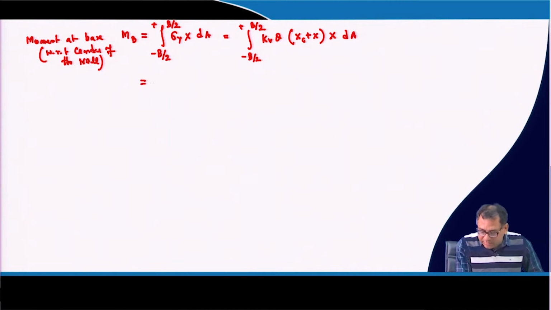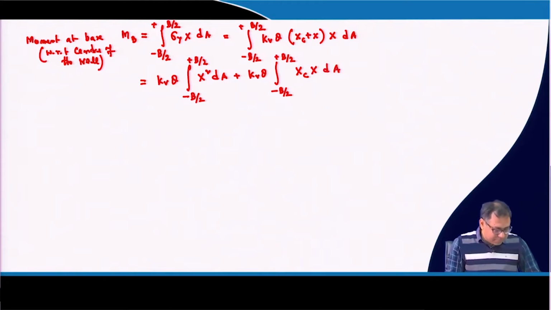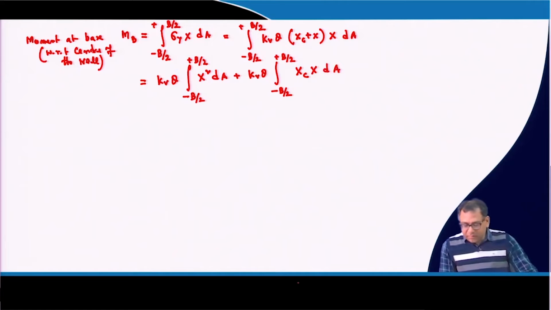Or we can take k v theta outside, then this will be minus b by 2 to plus b by 2 of x square dA, plus k v theta, then minus b by 2 to plus b by 2 of x c x dA.